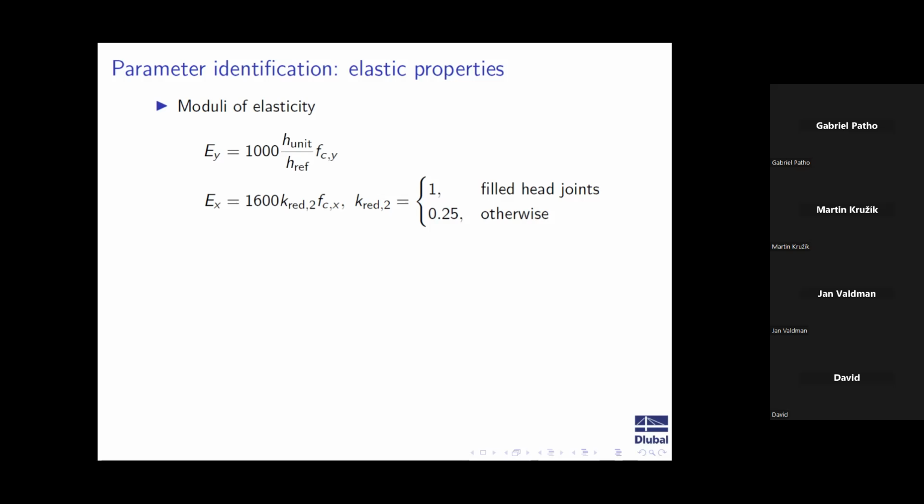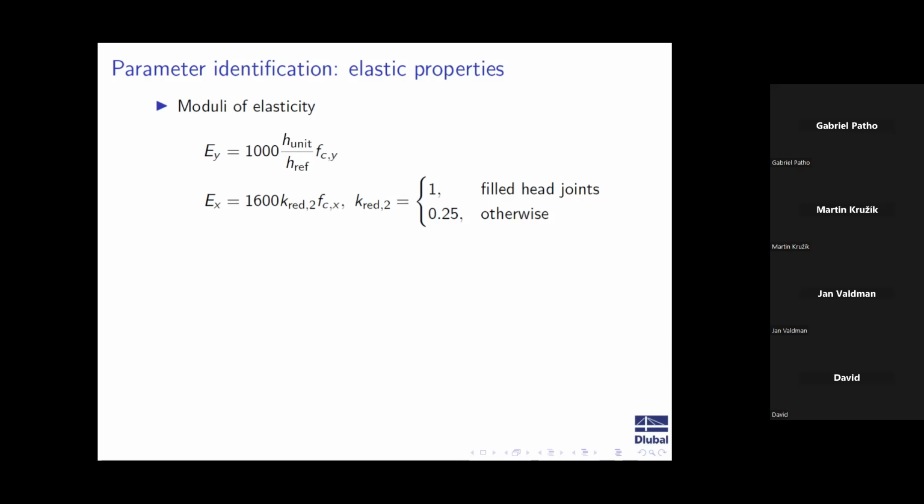This modification factor tells you how many bed joints are there per unit height of the wall. Because if you have short masonry units, then you have many bed joints, and this then, of course, reduces my elasticity modulus.